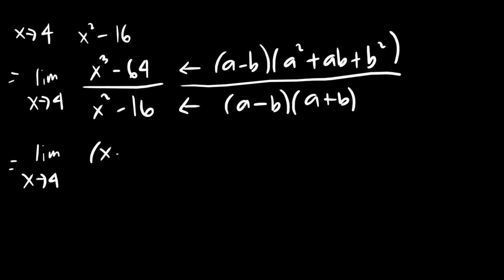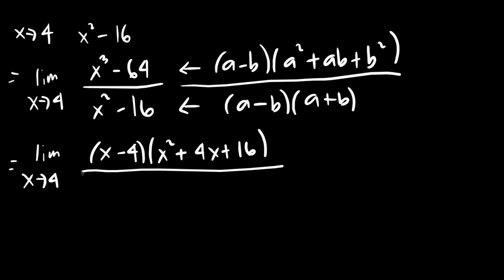So we'll copy x minus b, where b is the cube root of 64, which equals 4. Then x squared plus 4x plus 16, all over x squared minus 16: the square root of x squared is x, and the square root of 16 is 4. So x minus 4 times x plus 4.